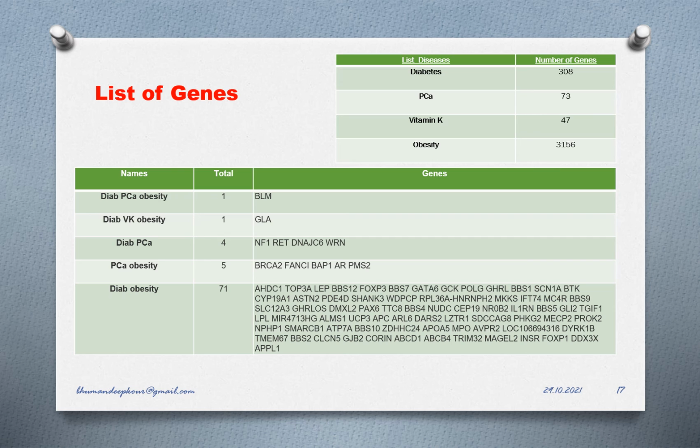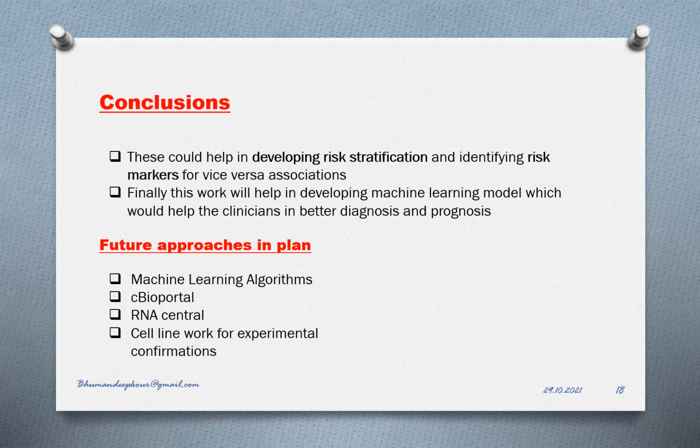For this impact analysis, we will use Cytoscape, cBioPortal, and RNA Central. All these in silico approaches will be applied to check how they are interacting with each other, to narrow down a specific regulatory biomarker, which could be a more potential biomarker and more helpful in future diagnosis.